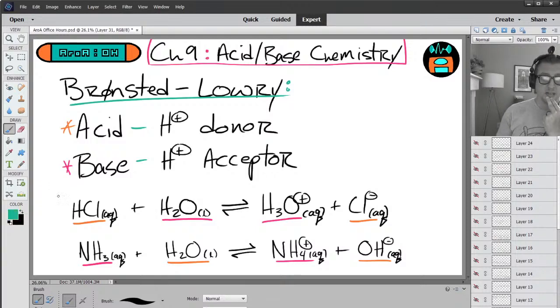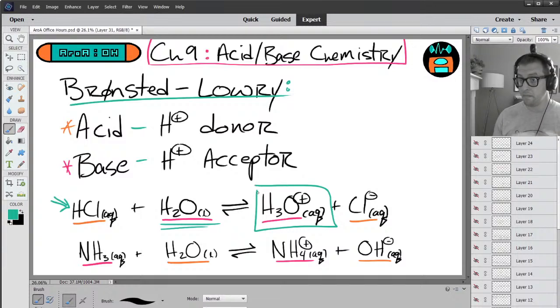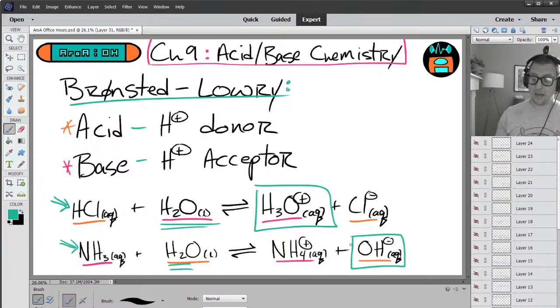Case in point, if you look at HCl dissolving in water, it makes hydronium, which is Arrhenius' definition of an acid. If you look at ammonia, NH3, dissolved in water, it makes hydroxide, which is Arrhenius' definition of a base. So it's not like these two definitions are at war with each other.